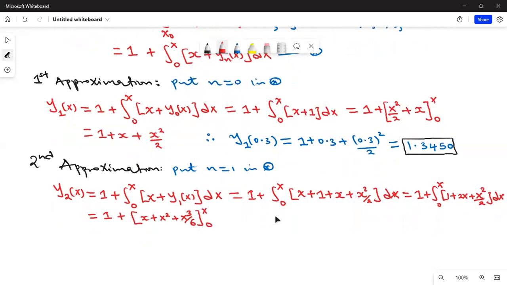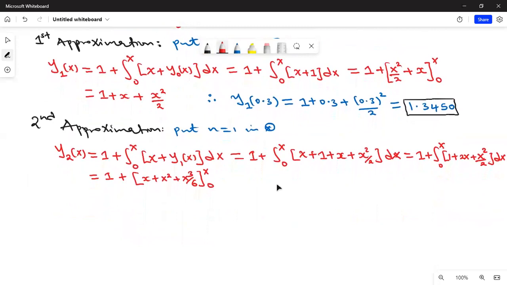And so when you plug in the limits of integration and simplify, we are going to get 1 plus x plus x squared plus x cubed over 6. So that is y2 as a function of x.